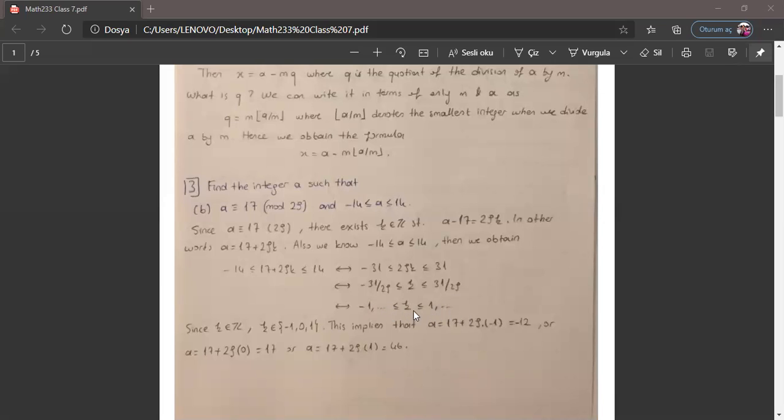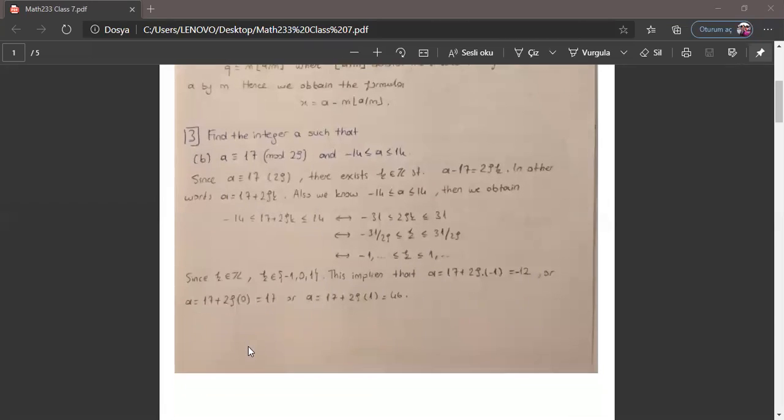So k is an integer, then it can be minus 1, 0, or 1 if it's in this interval. So here we have the values of k. We know a equals 17 plus 29k. So we plug k equals minus 1, 0, and 1 to get the values of a. And here we have these three values.